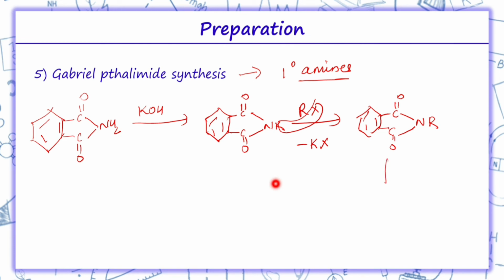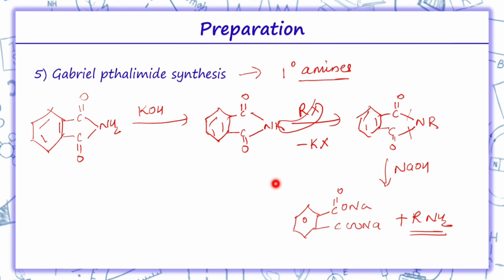Now this again on reacting with NaOH, this bond breaks and this bond breaks. We get over here benzene with COONa and here also COONa, plus RNH2. So this is how we get primary amine.